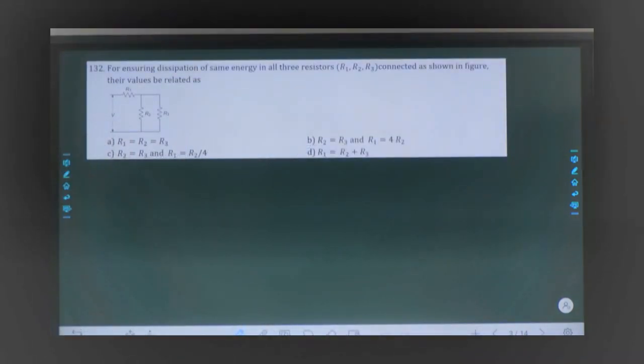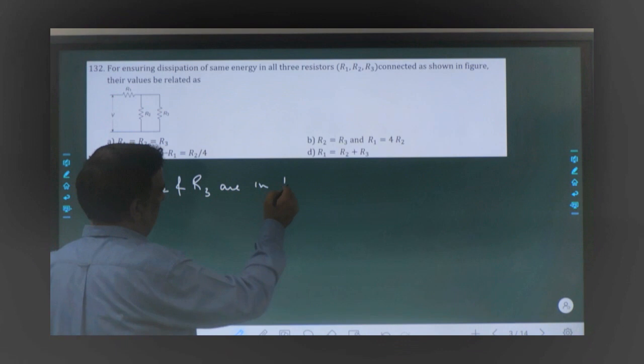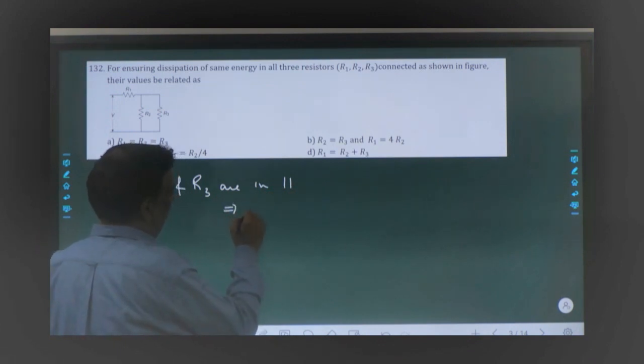For ensuring dissipation of same energy in all three resistors, they are connected as shown in figure. Their values are related as. Energy is dissipated. So basically R2 and R3 are in parallel. Guys, the potential difference across them is same.